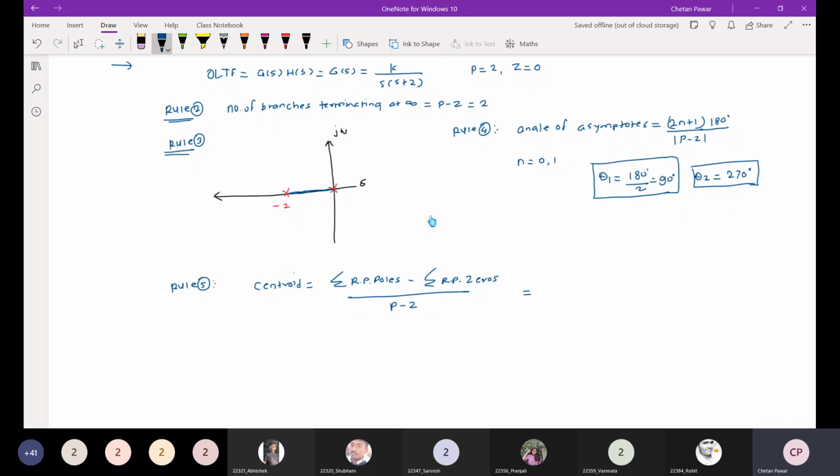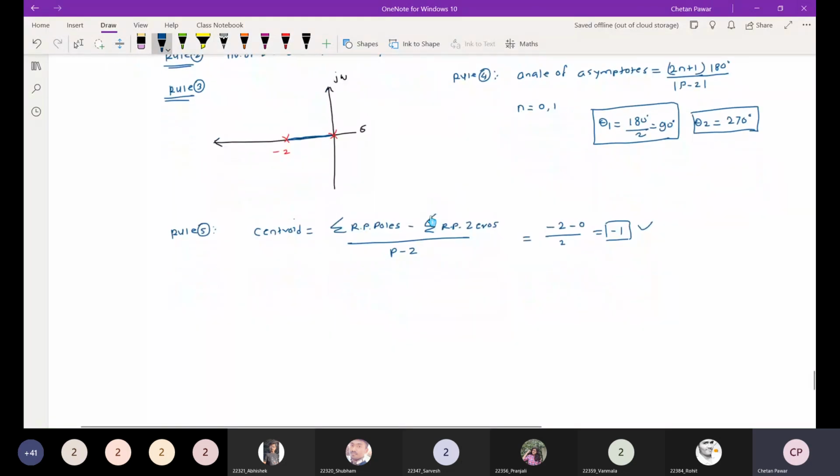The summation of the real parts of poles is -2, and there is no zero, so we consider it 0. So -2 divided by 2, the centroid will be at -1. Now we need to find the breakpoint, rule 6.